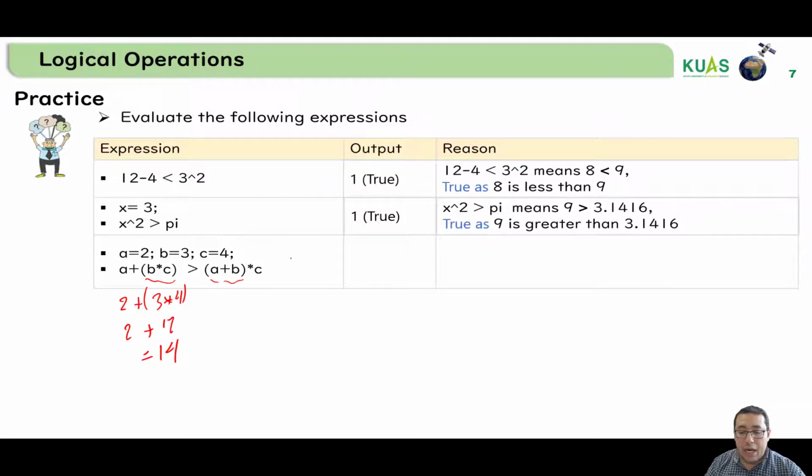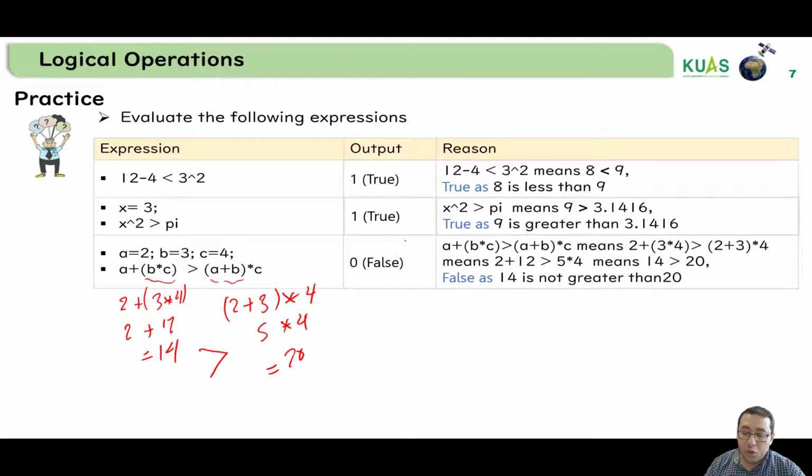The right side says 2 plus 3 inside parentheses multiplied by 4. 2 plus 3 means 5, multiplied by 4. The answer is 20. So the question is, is 14 greater than 20? This is false because 14 is not greater than 20.